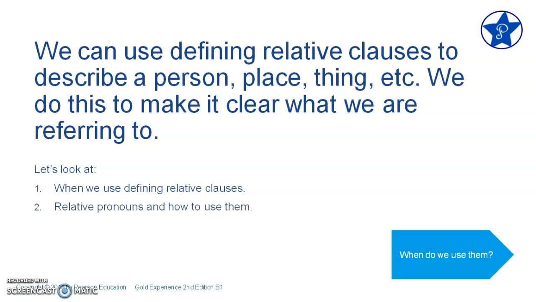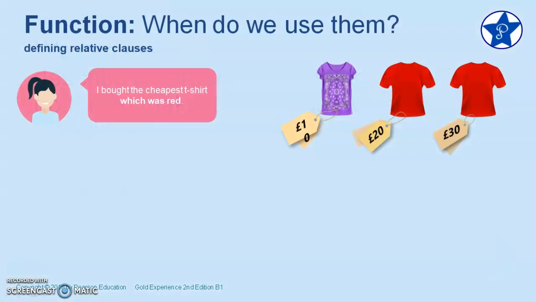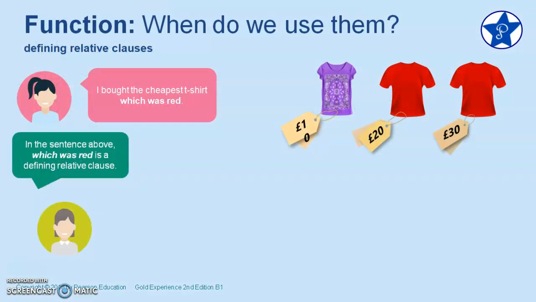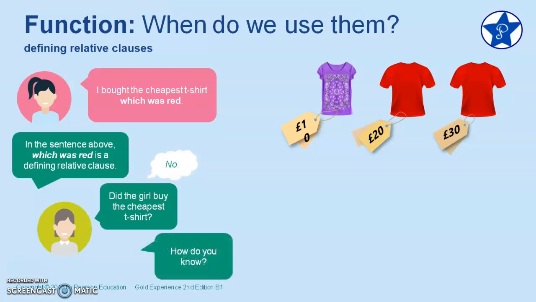So, when do we use defining relative clauses? In the sentence above, which was red, is a defining relative clause. Did the girl buy the cheapest t-shirt? No. How do you know?